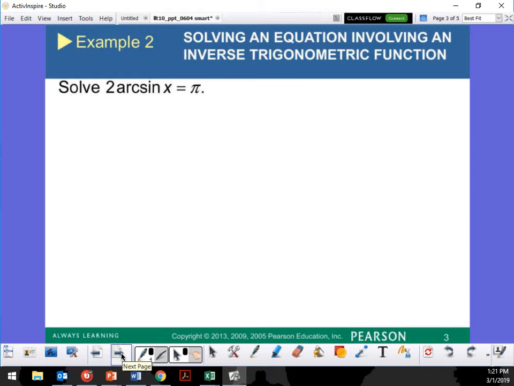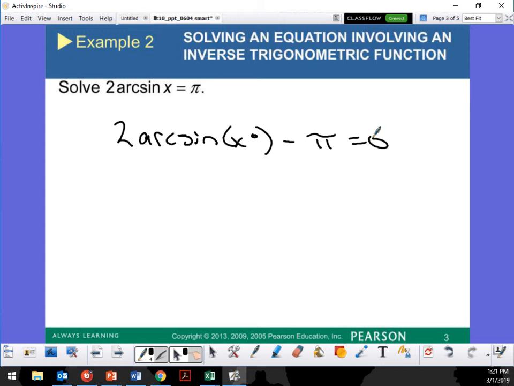Solve 2 arc sine x equals pi. What do you got to do with this? Minus pi, right? So it should be 2 arc sine of x degrees minus pi equals 0.